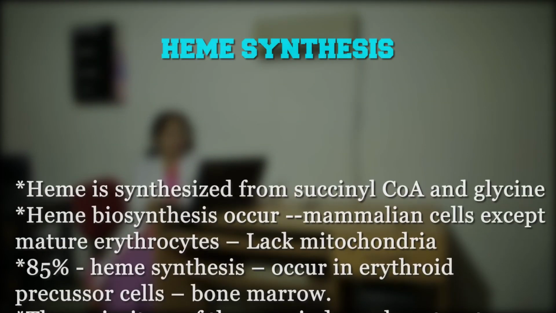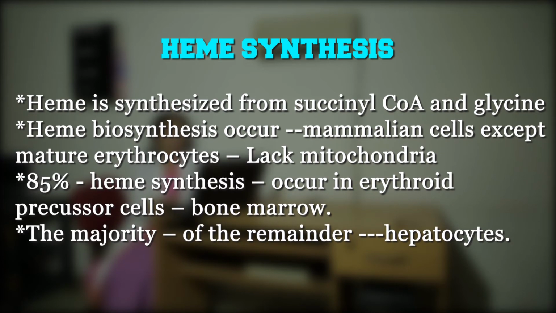So heme synthesis. Heme is synthesized from succinyl-CoA and glycine. Heme biosynthesis occurs in most mammalian cells except mature erythrocytes, which lack mitochondria. So please remember, except mature erythrocytes, where there is no mitochondria. 85% of heme synthesis occurs in erythroid precursor cells in the bone marrow, and the majority of the remainder in hepatocytes.